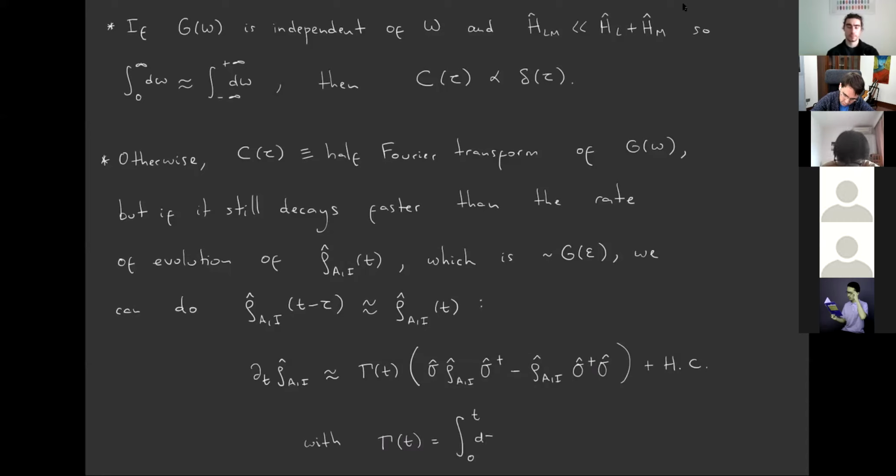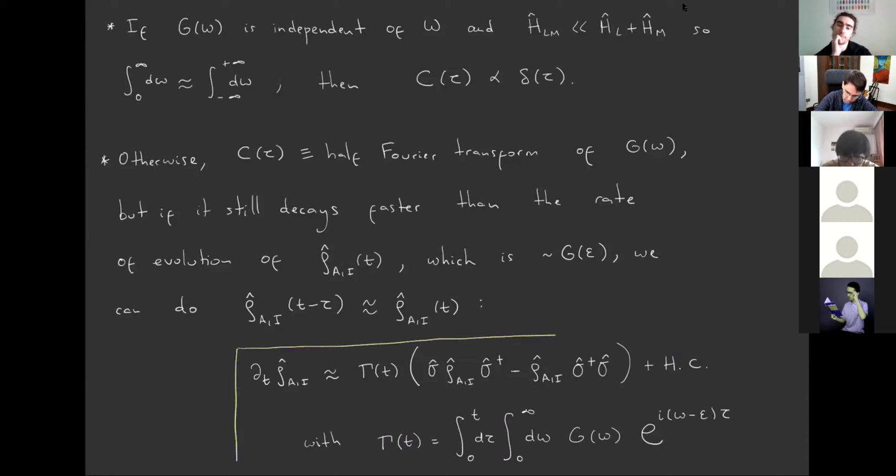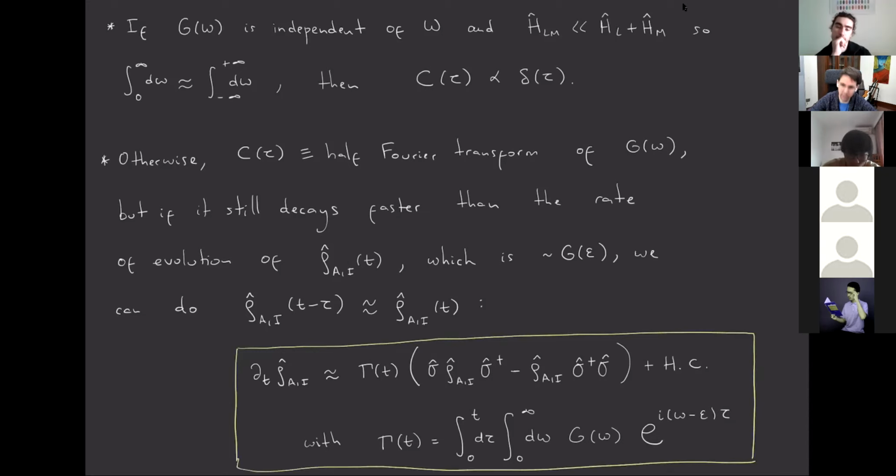So it's an integration in time, then an integration in frequencies of the spectral density. So it's essentially the integration in time of the correlation function, which putting everything together, we can write like this. Okay? So this is the master equation of the reduced atomic state under the Markov approximation.